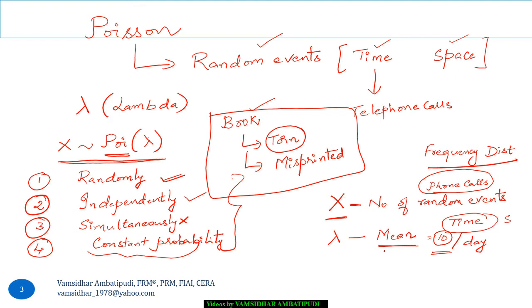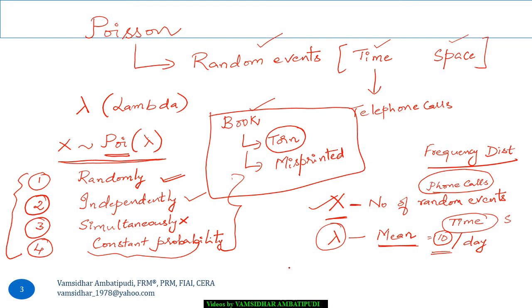I don't know when I am going to receive them, but on an average I receive 10 calls per day, and x is the number of random events, the number of phone calls. And x will follow a Poisson distribution when these conditions are met.